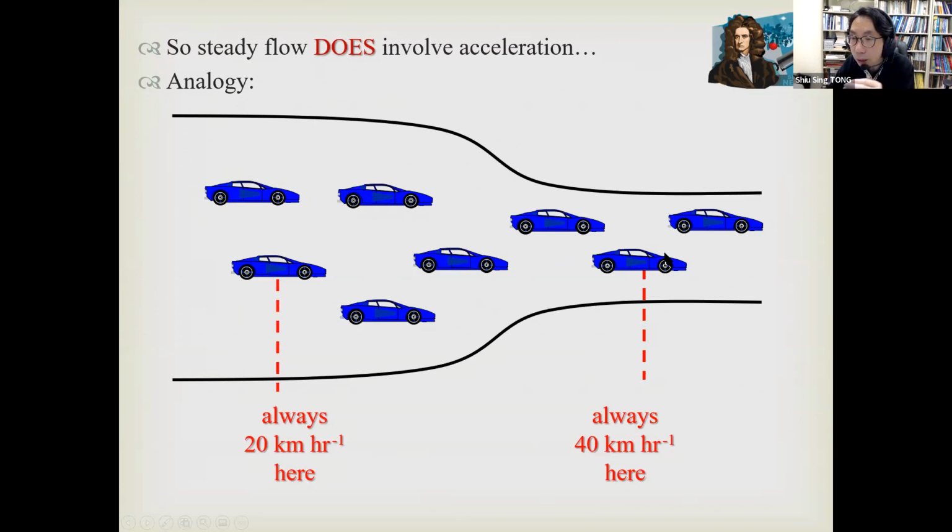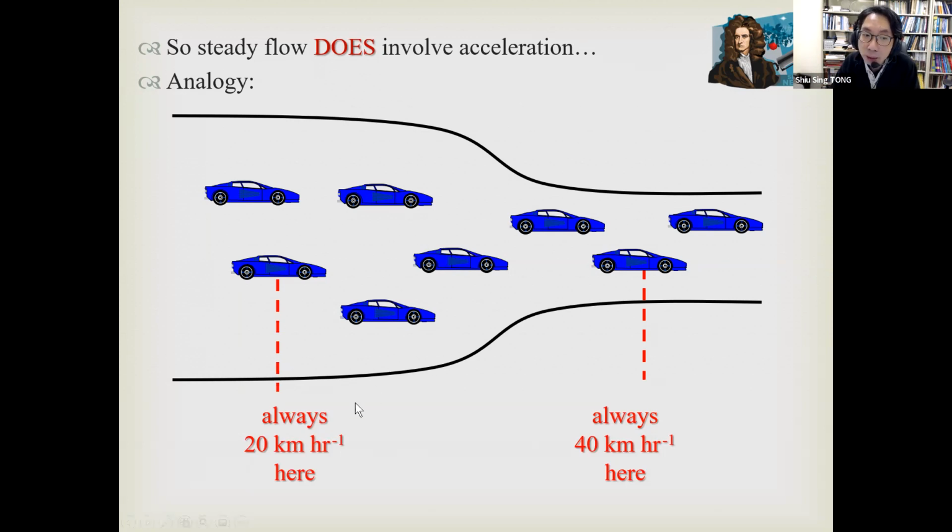But when they get to the tunnel, which is very narrow, the velocity of the cars must increase in order for the flow to conserve its volume inside the tunnel. Otherwise, there will be a congestion of cars, a piling up of cars at the junction of the tunnel, which is not allowed in our assumption of incompressible fluid or incompressible car density.